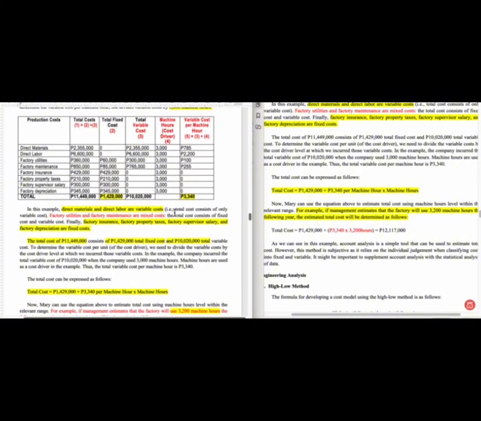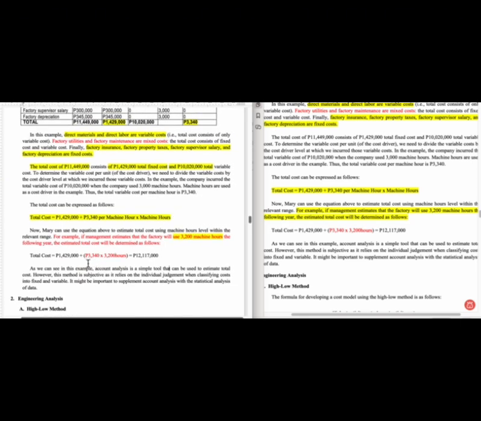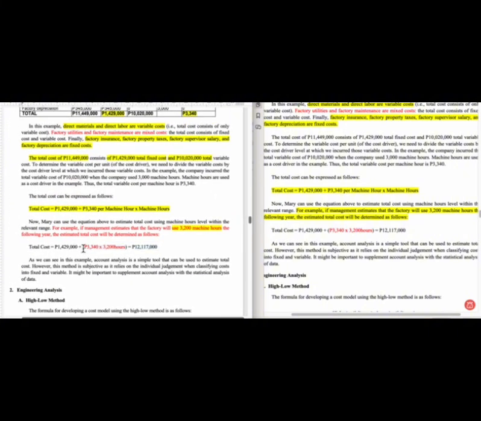Since we have solved the variable cost per machine hour, 3,340 multiplied by 3,200 hours, how much? 10,688,000. That is the total variable cost.